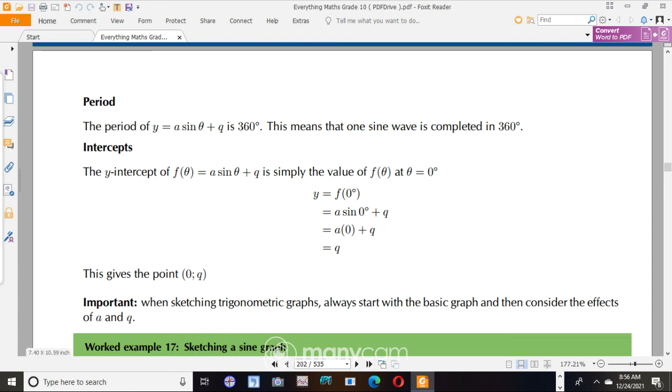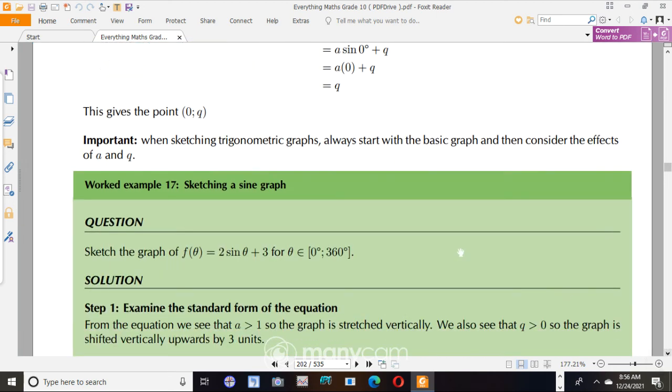This gives the point (0, q). Important: when sketching a trigonometric graph, always start with the basic graph, then consider the effect of a and q.